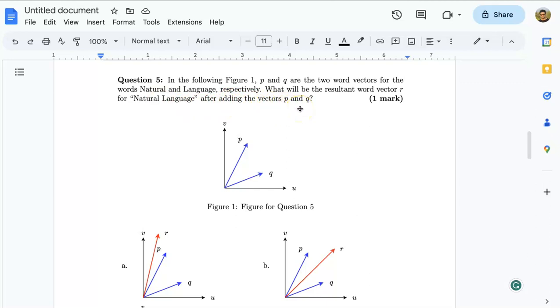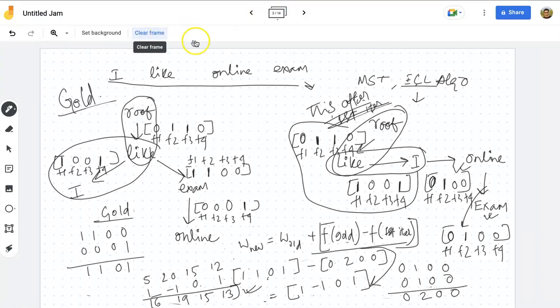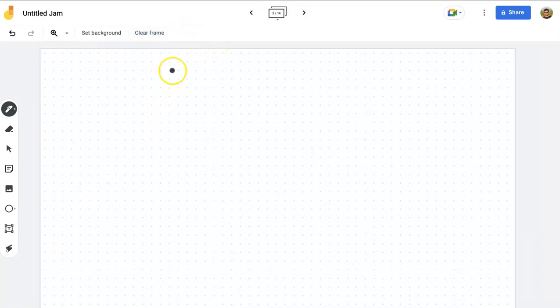So this is a class 11 physics question. There are two vectors given, and you just need to add them. What is the way to add two vectors? If you remember, there is a rule called the parallelogram rule.